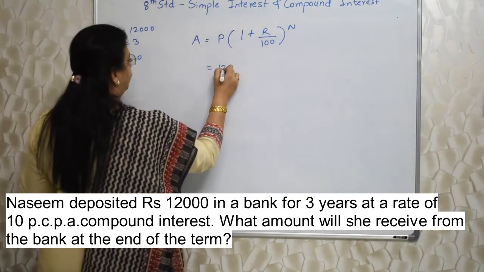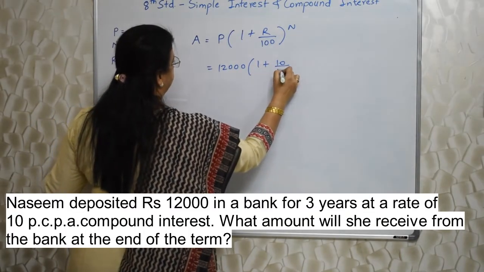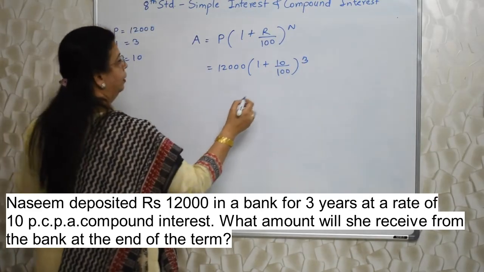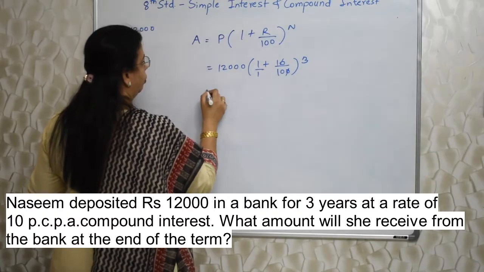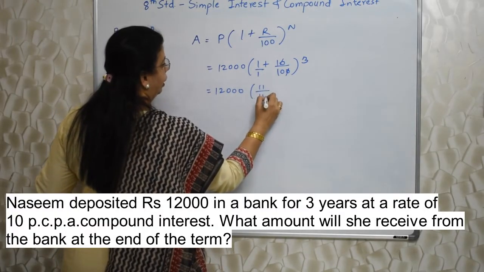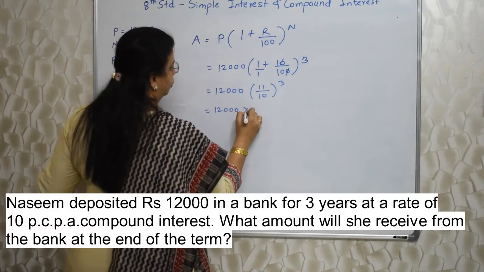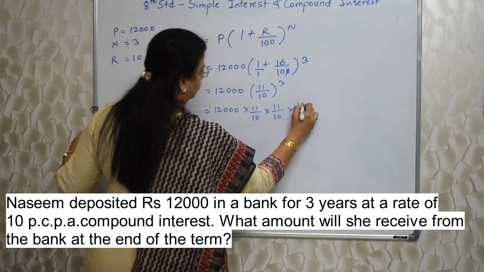So let's substitute the values. Right? This 10 will go, and again making the denominators equal, very simple. That is 11 upon 10 raised to 3. So it is 12,000 into 11 upon 10 3 times because it is cube.